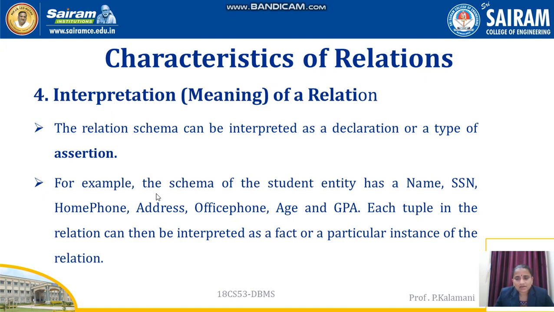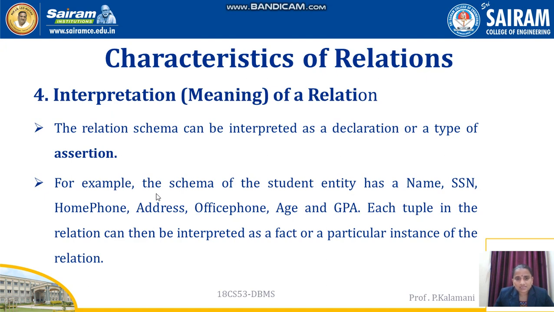So these are the four important characteristics of a relation. The first one is ordering of tuples: a relation is not sensitive to the ordering of its tuples. The second one is ordering of values, which is important. Next is the alternative definition.